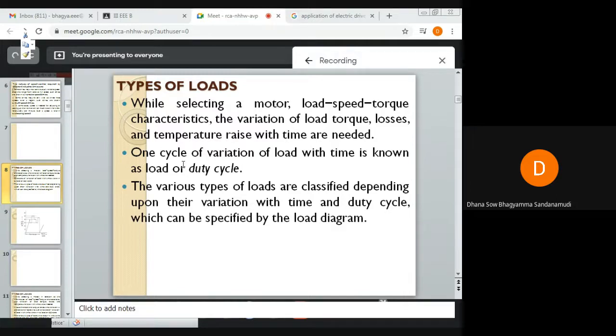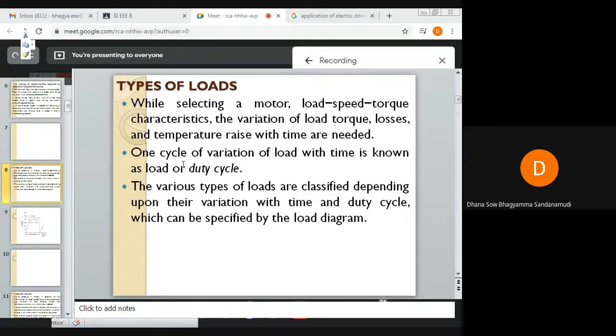We have already discussed its starting characteristics, and we must know the load and running characteristics. Whenever we are selecting a motor, in addition to the load speed-torque characteristics, we need the variation of how load and torque are varying.